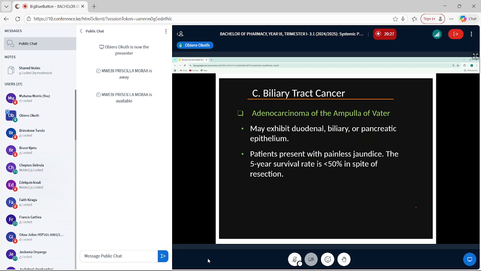You can have adenocarcinoma of the ampulla of Vater, that part of the duodenum where the pancreatic duct joins. And because it's the ampulla, it can have either duodenal or biliary features. We have mentioned the name here because they can also give you jaundice.